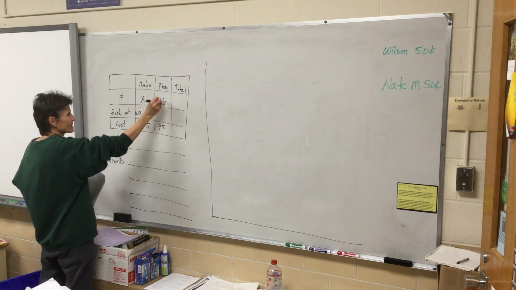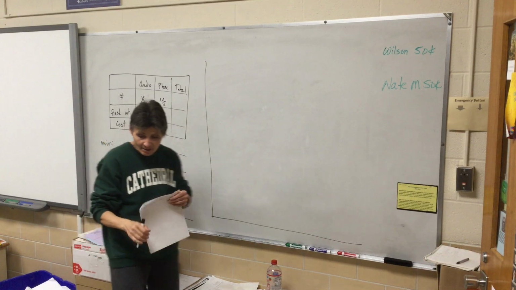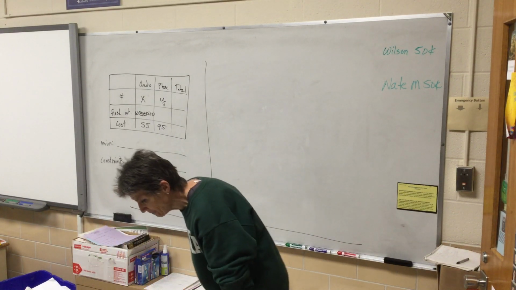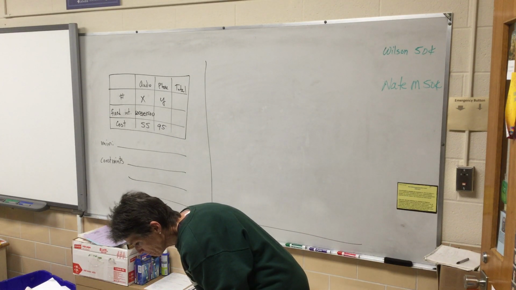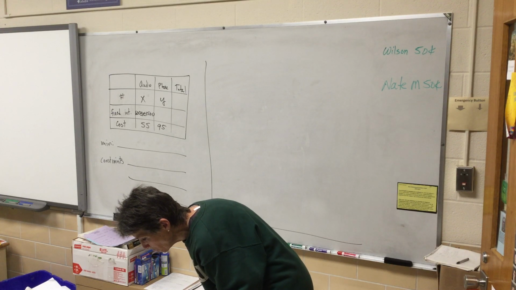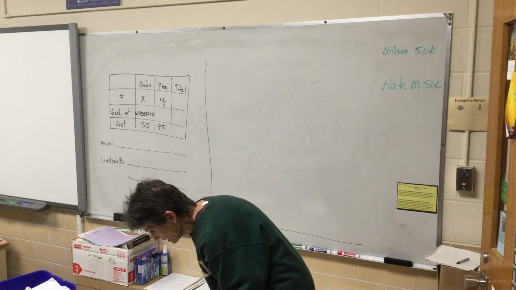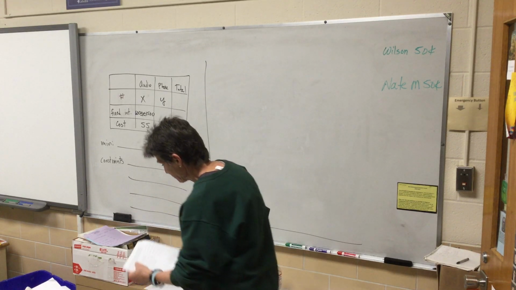I'm going to call that X and that Y, and I'm just going to put an X in here. So my X, if my X is the number of audio players, then it says in the problem I have to have between 600 and 1500 audio players.